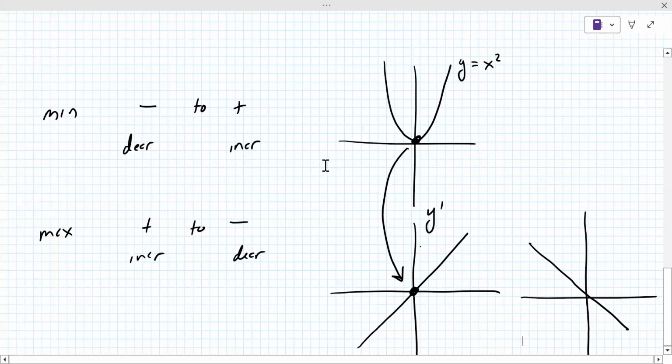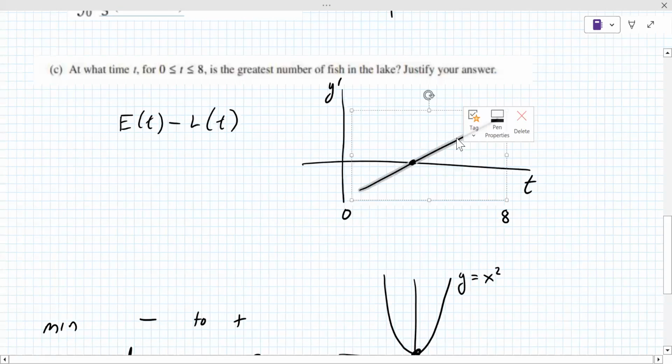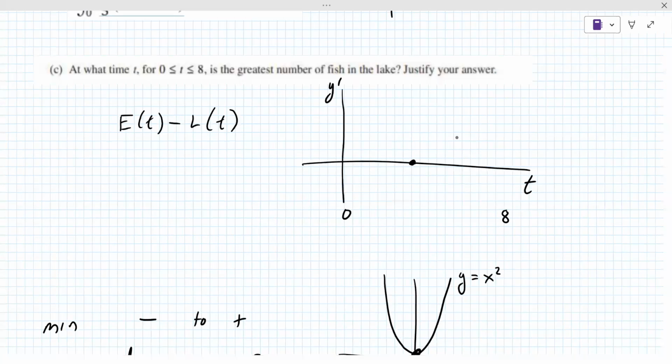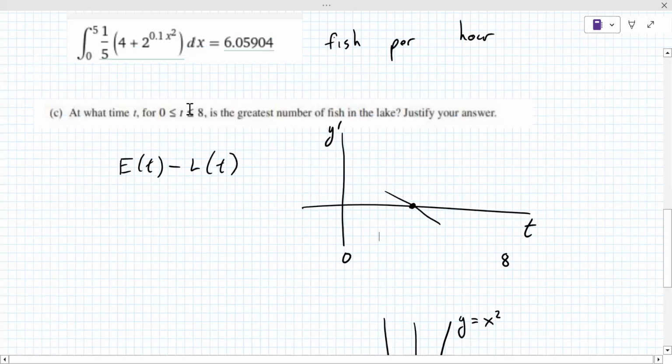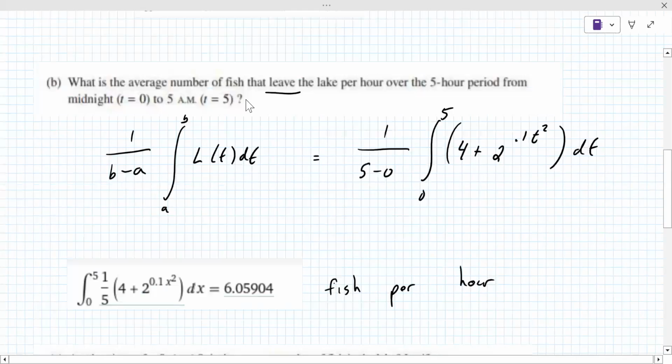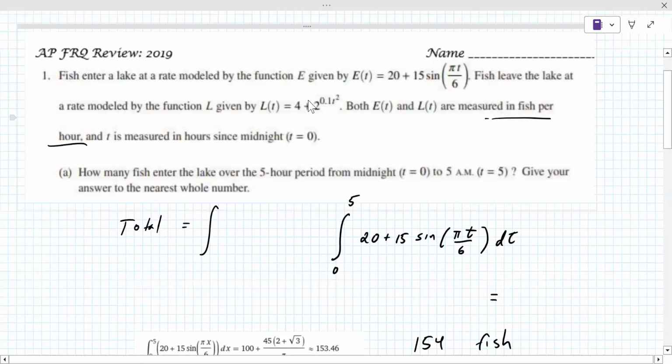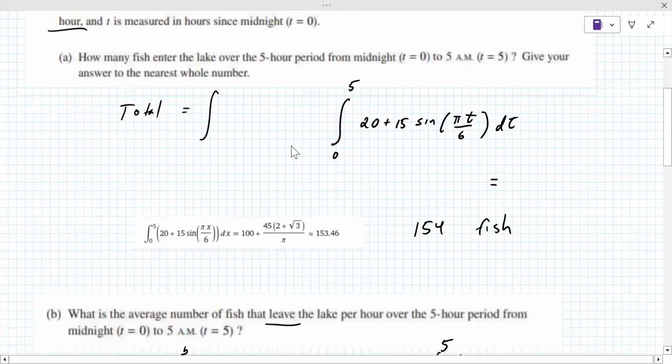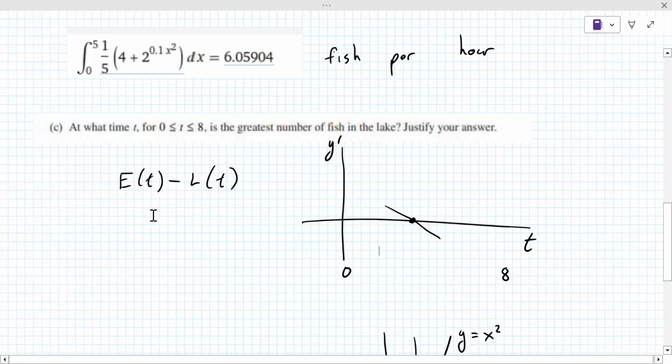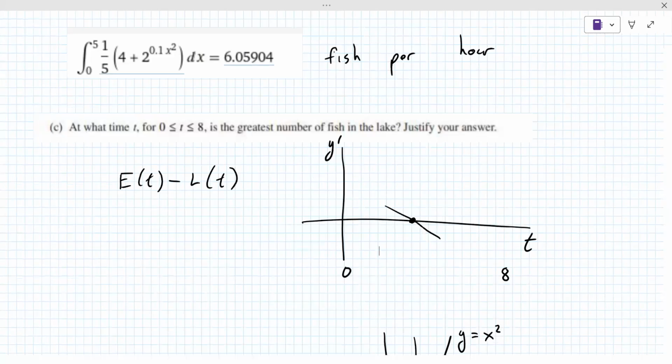So what we're looking for here is something where the graph crosses. To do that, we really need to graph E of t minus L of t. There's really no other way to do this.